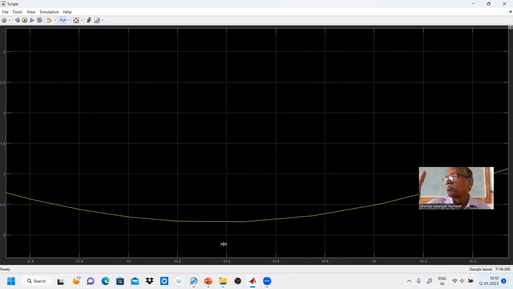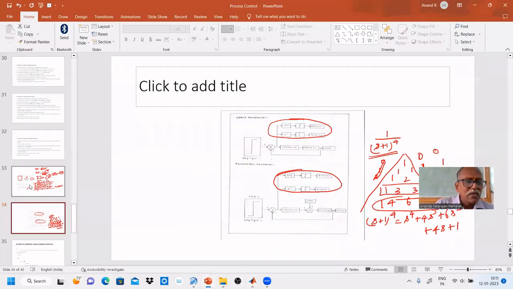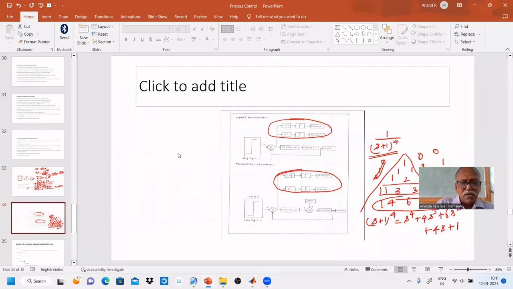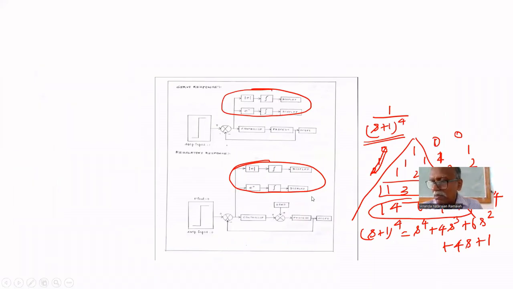We got two parameters. From that, we can find the tuning parameters. Find the tuning parameters for the P controller. What is the tuning parameter for the P controller by using the continuous cycling method?